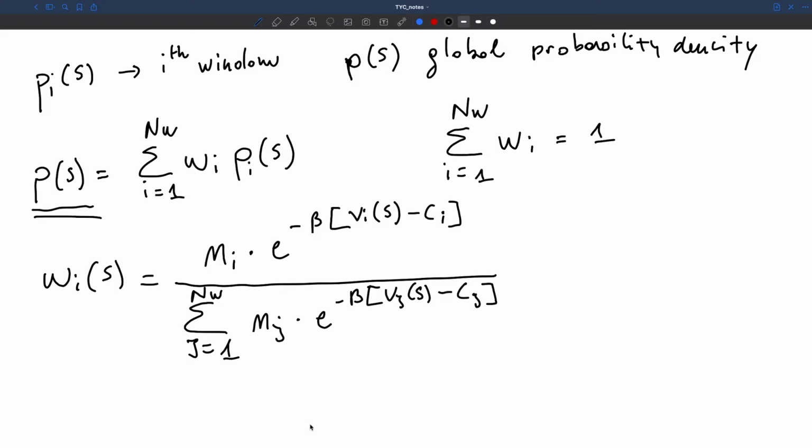So let us now take this expression obtained with the weighted histogram analysis method and plug it into this sum and see what happens.